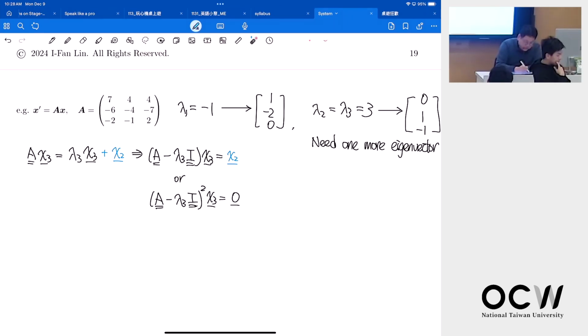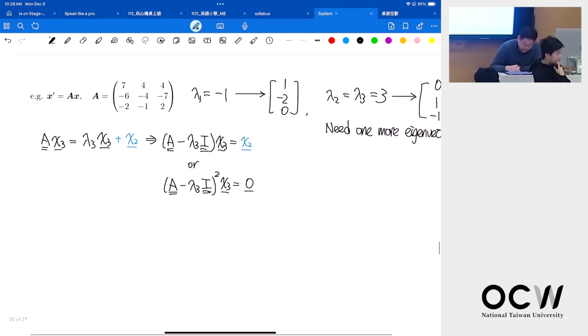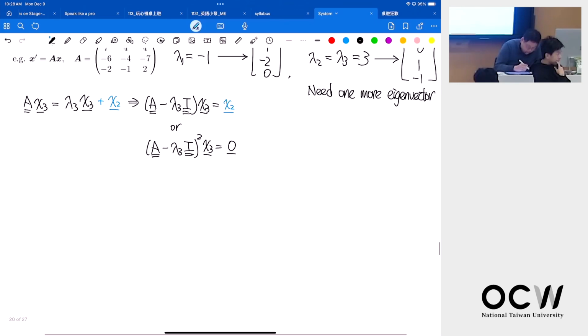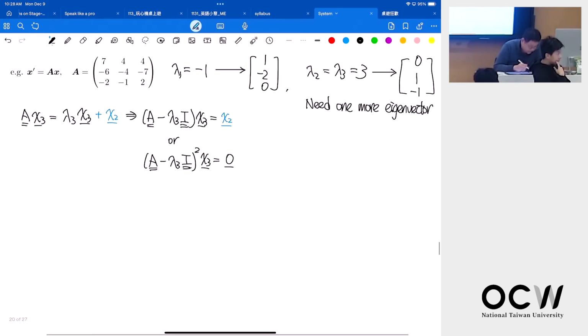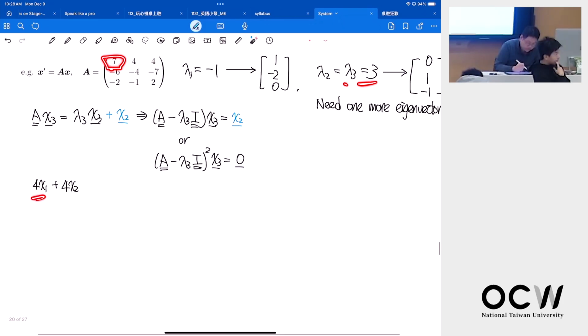Okay, so in this case, we have 4x1 plus 4x2, because lambda is 3, so 7 minus 3 is 4, plus 4x3 equals 0.